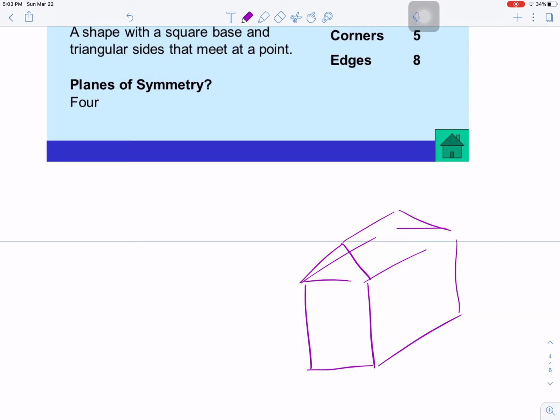This is actually a composite figure because it's a rectangular prism on the bottom with a triangular prism on the top. This is called a composite figure. We'll talk about these later on.